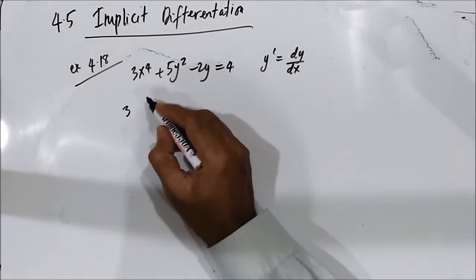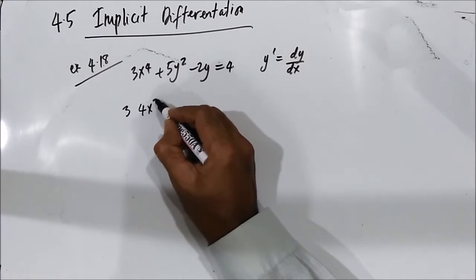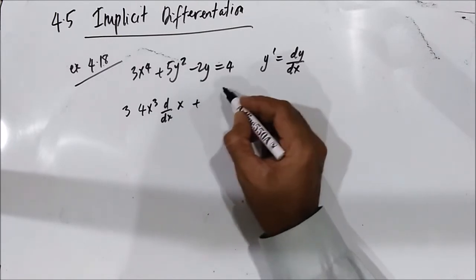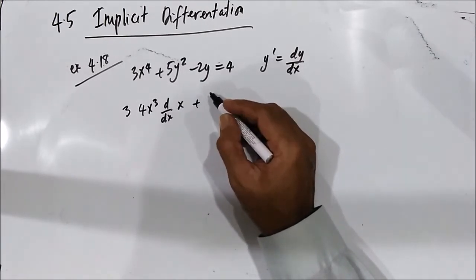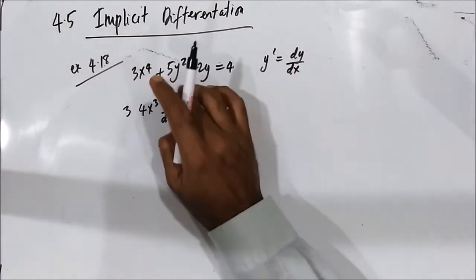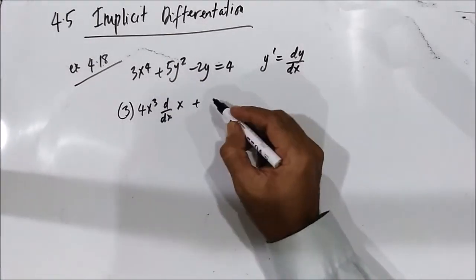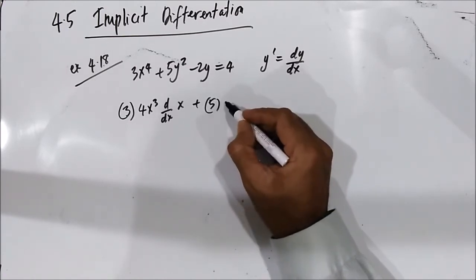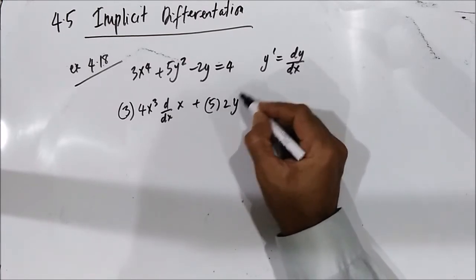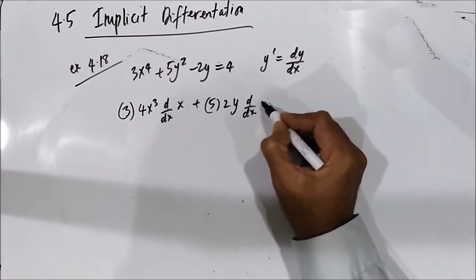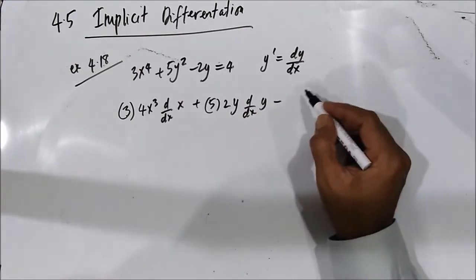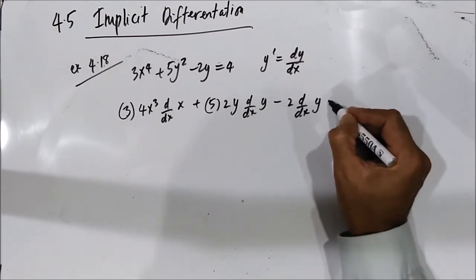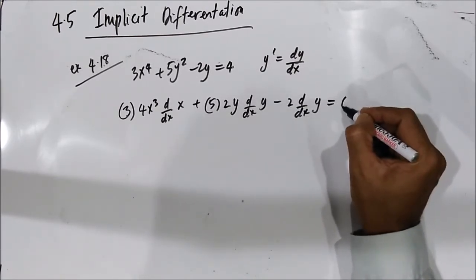So 3 multiplied by 4x raised 3 d/dx of x plus 5 multiplied by 2y raised 1 d/dx of y minus 2 d/dx of y equal to the differentiation of 4, which is equal to 0.